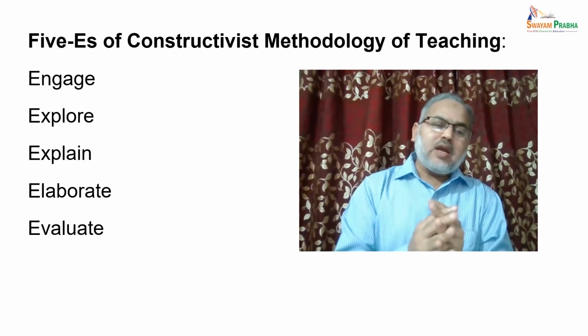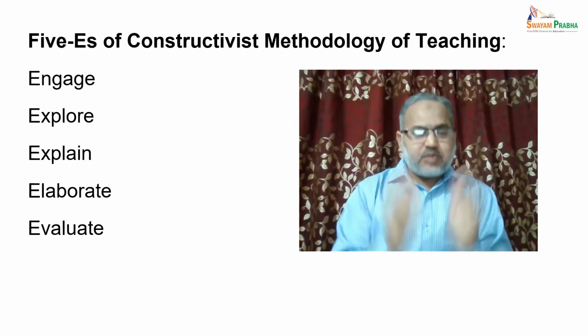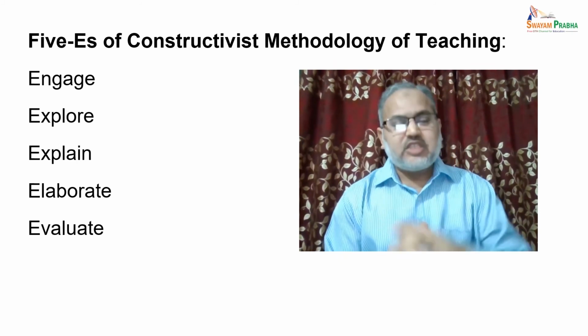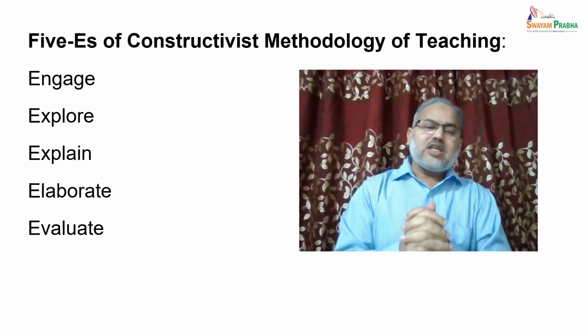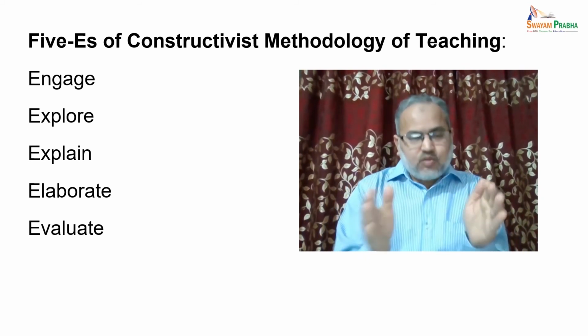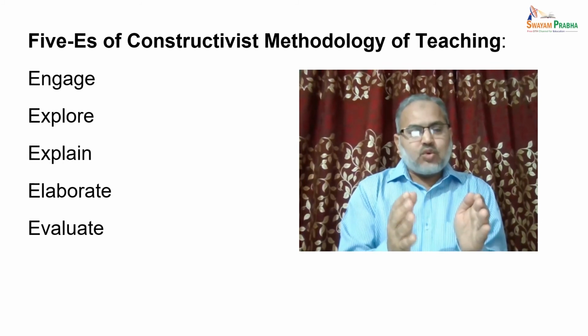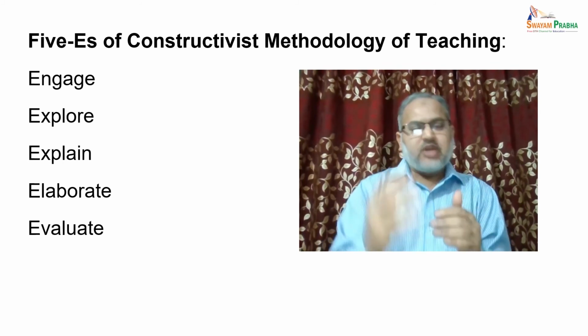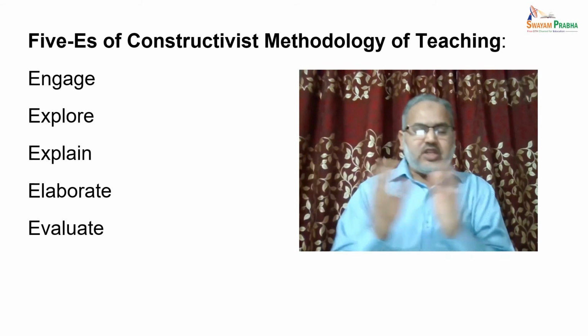Whatever students are explaining, let them elaborate, which is another level, wherein the learners will try to integrate whatever they have learned through engagement, exploration, and explanation with their daily life, with their social life.